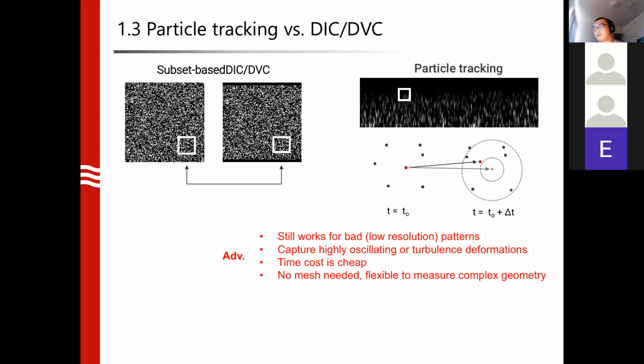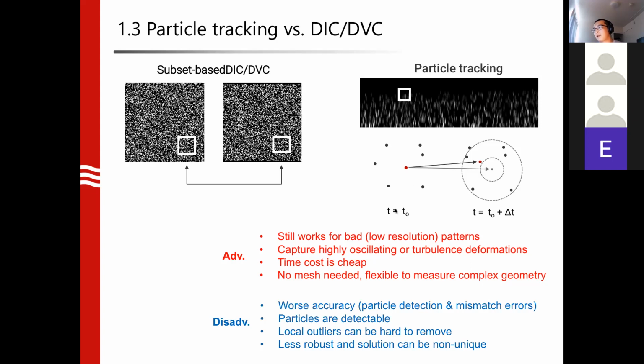But there are also some disadvantages with particle tracking. If your experiment is okay with painting those DIC patterns and doing DIC experiments, usually DIC has better accuracy than particle tracking. But sometimes it's harder to paint those particles because of environmental or experimental conditions. For those cases, particle tracking still gives you something.